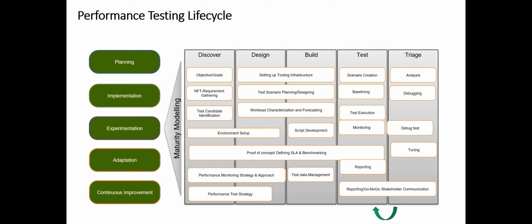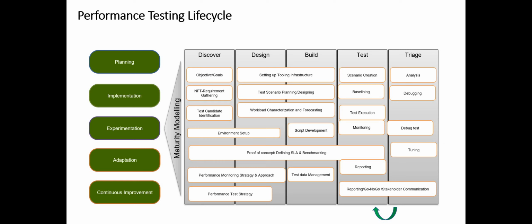Next comes the testing phase. Discover, design, build: most of the activities performed there are one-time activities. The test and triage phases are something that we do quite often, or keep repeating. In the testing phase, we start with scenario creation. In the last two phases we planned the test scenario.